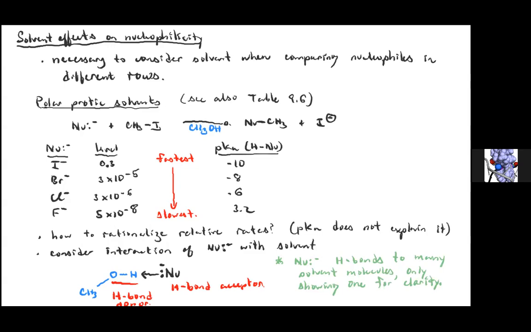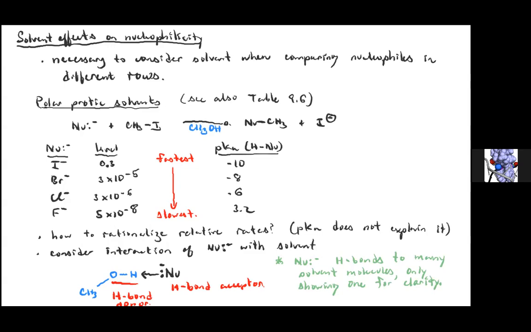The way we can explain these rates is to consider the relative strength of these H bonding interactions, and that relies on knowing the pKa's.